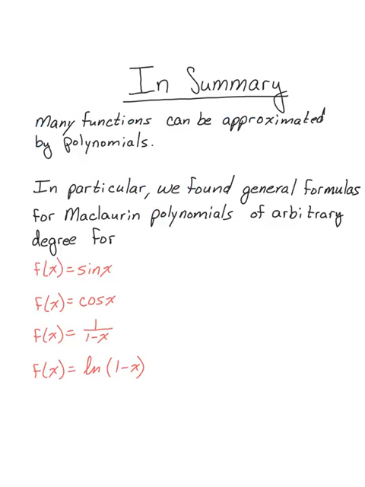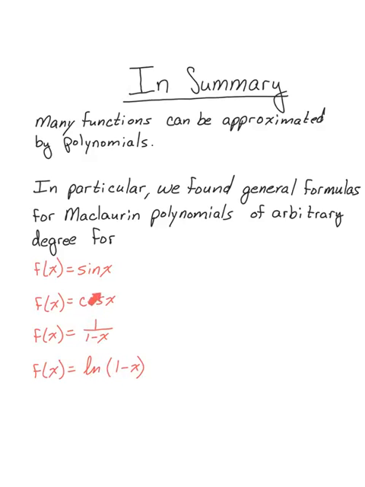So in summary, many functions can be approximated by polynomials. In particular, we found formulas for Maclaurin polynomials of arbitrary degree for sine of x, cosine of x, 1 over 1 minus x, and the natural log of 1 minus x.